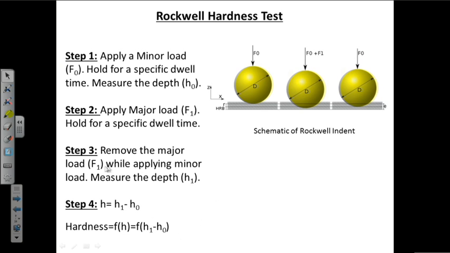Then we measure the residual depth again, which is designated as H1. In the fourth step, we calculate H1 minus H naught, and the hardness value is directly obtained from the dial gauge attached to the hardness tester, which is essentially a function of H1 minus H naught.